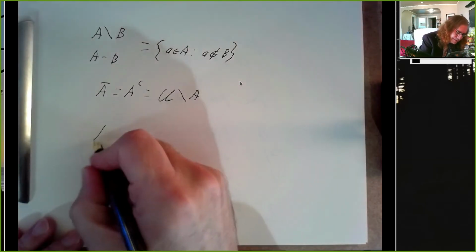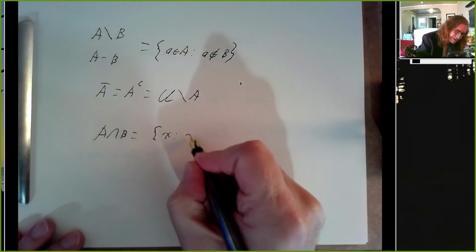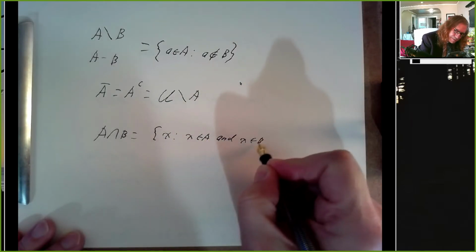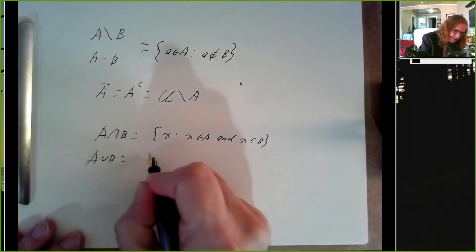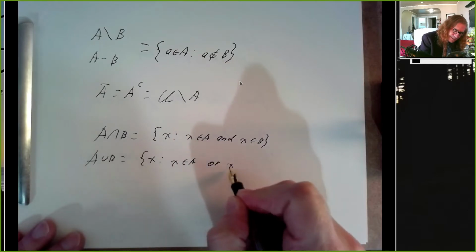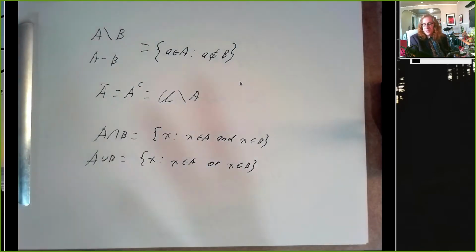Intersections are the set of all elements such that X is in A and X is in B. And unions are the set of all elements which are in A or in B. And there's the linkage to Engineering 250 Boolean logic, right?